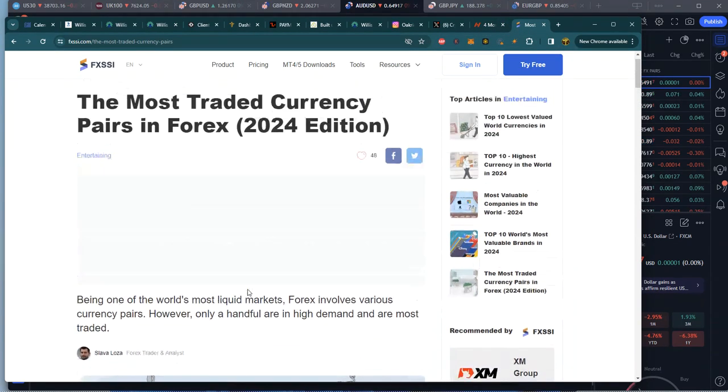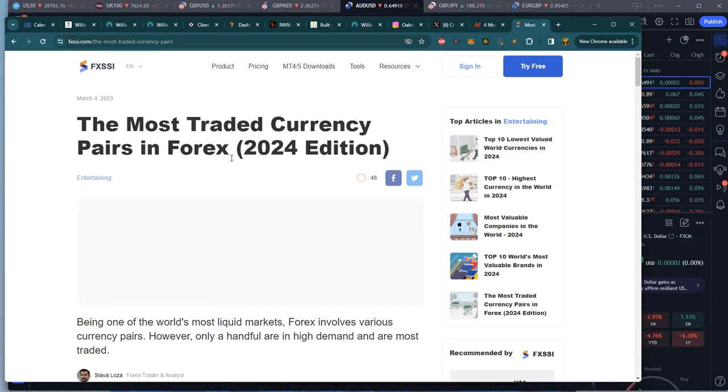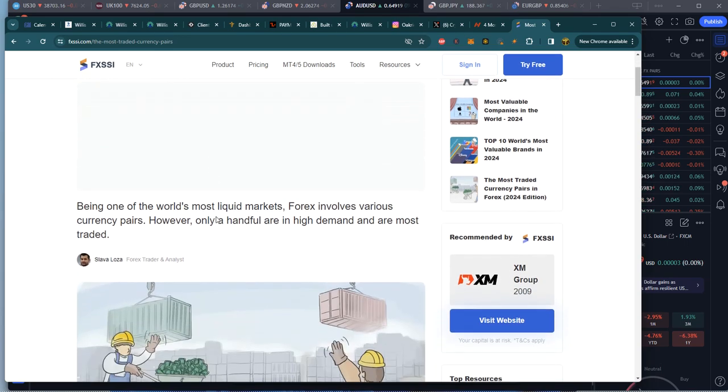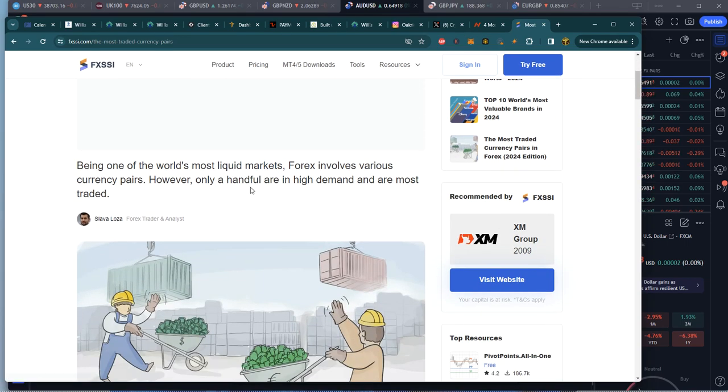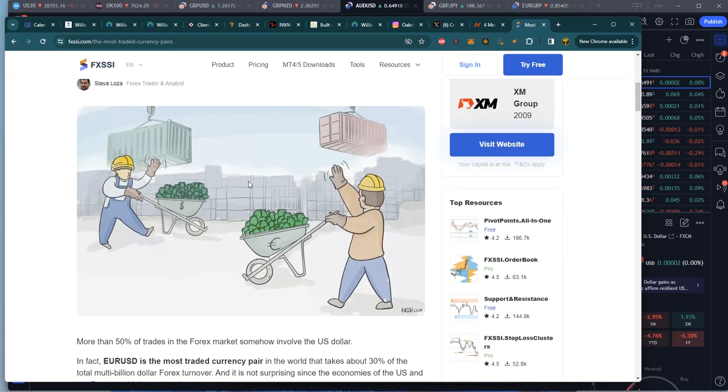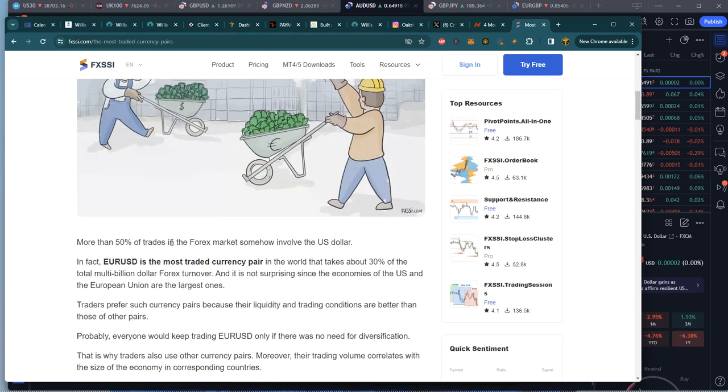This one is the most traded currency pair in Forex. This is this year, 2024. So let's break into it. Being one of the world's most liquid markets, Forex involves various currency pairs. However, only a handful are in high demand and are mostly traded. This is around the world. More than 50% of trades in the Forex market somehow involve the U.S. dollar.